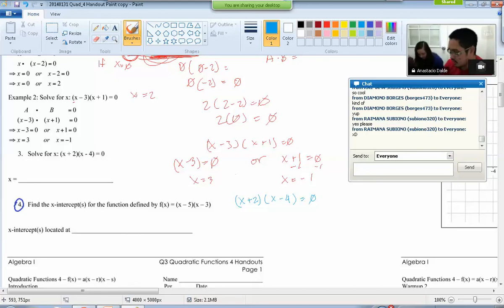Either this first thing is equal to 0, or the second thing is equal to 0. So either x plus 2 equals 0, or x minus 4 equals 0. Are we cool? And then solve it out. You just subtract 2 from both sides and you get x equals negative 2, or x equals positive 4.